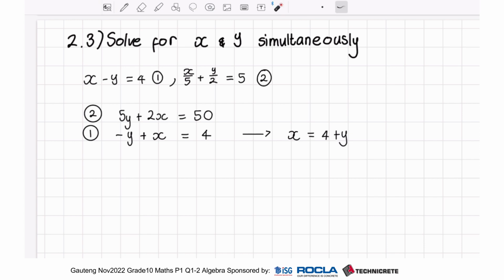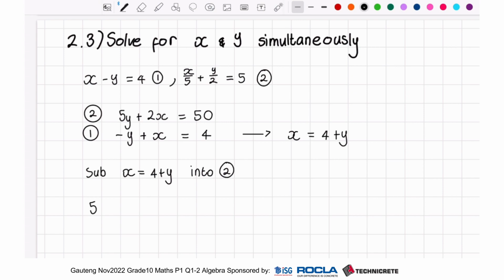And now that I've got an expression for x in terms of y, I can substitute this into the other equation, equation 2. So everywhere that I see an x, instead of writing x, I'm going to write 4 plus y. And I always tell the examiner what I'm doing, so I'm going to say sub x equals 4 plus y into equation 2.